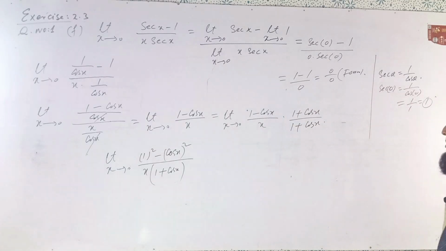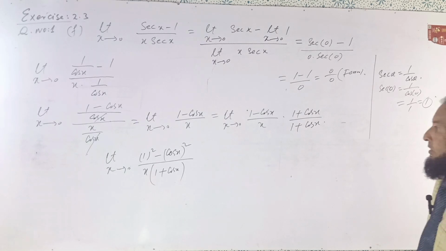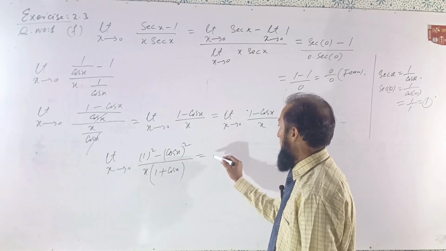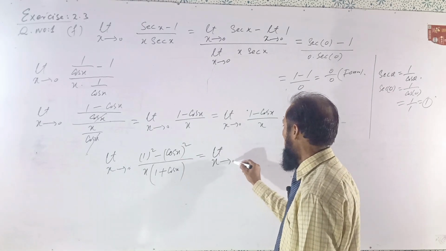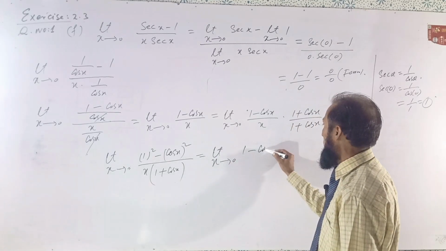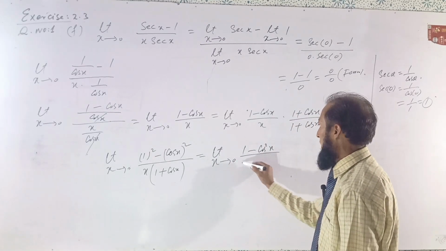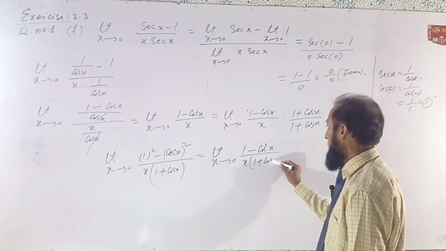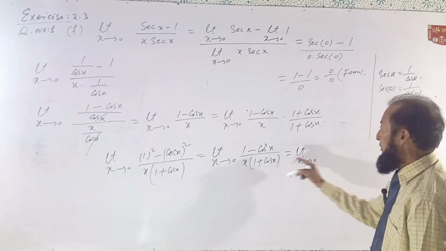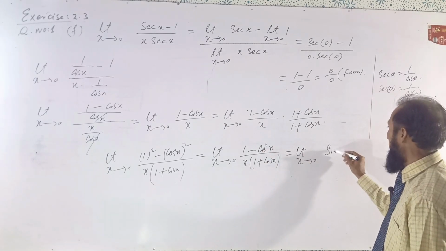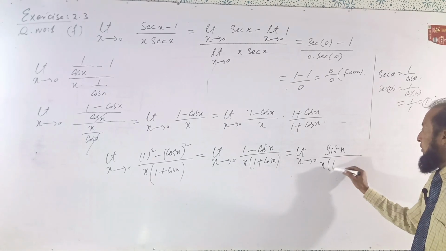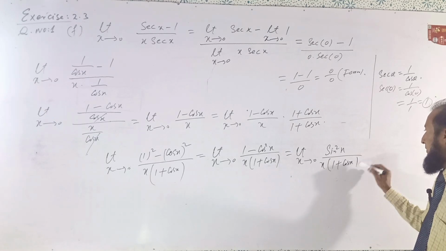So now if we apply here limit x tends to 0, 1 square we get 1, and here cos square x, we get 1 minus cos square x, which is sin square x. This is the formula. Divided by x into 1 plus cos x.